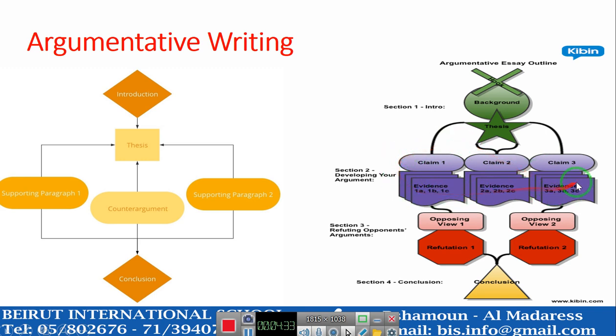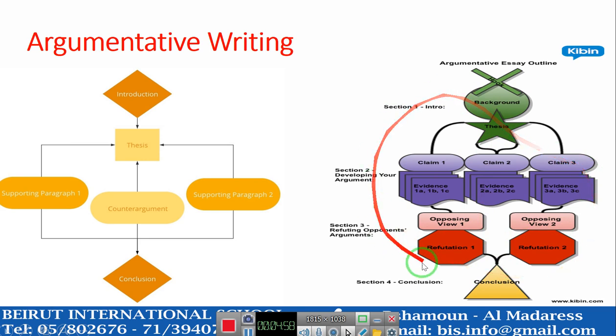This is body paragraph number 1. Then body paragraph number 2, which is the counter argument or the opposing view, which has evidence 1 and evidence 2. The third body paragraph is the refutation, so refutation 1 and refutation 2. These two are in the same body paragraph.